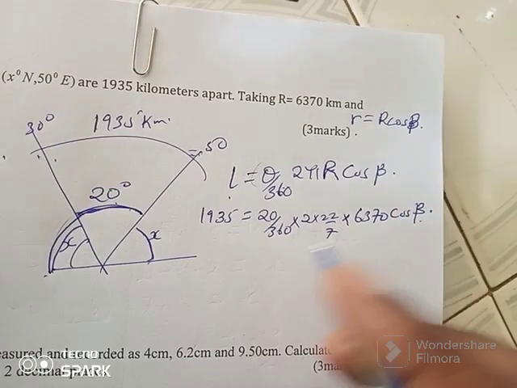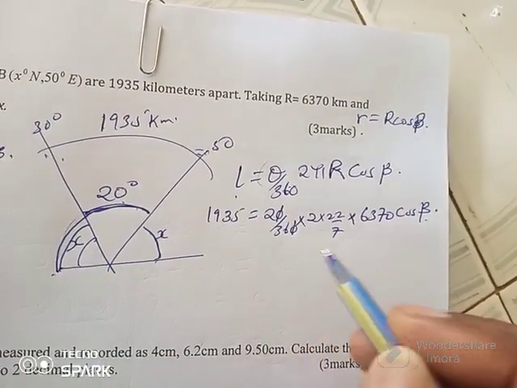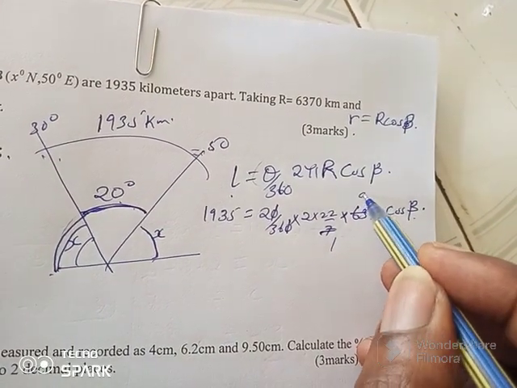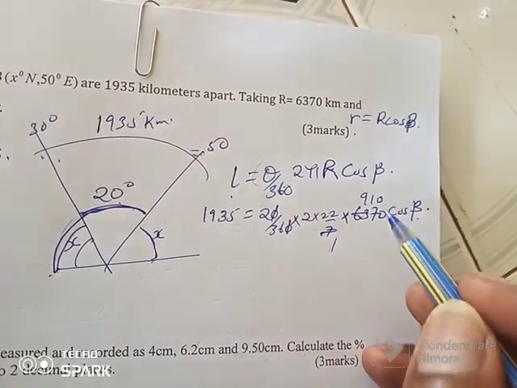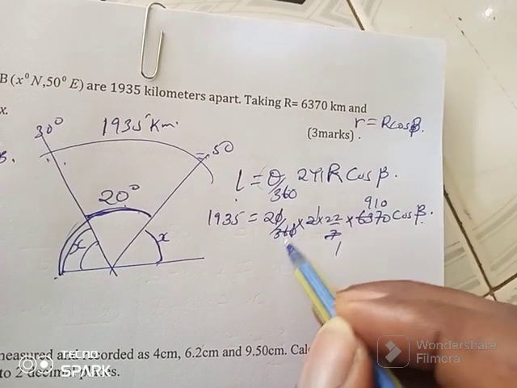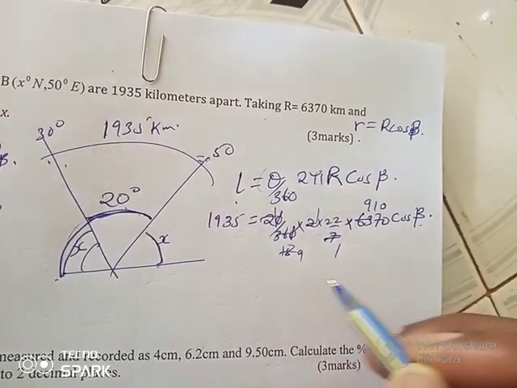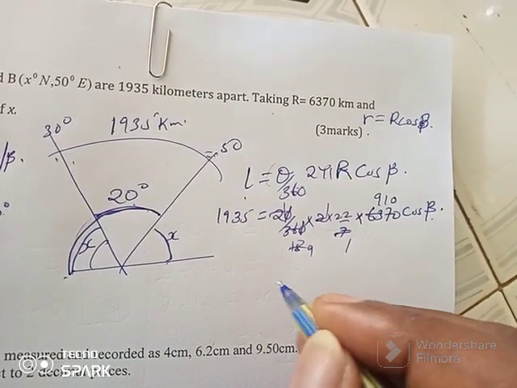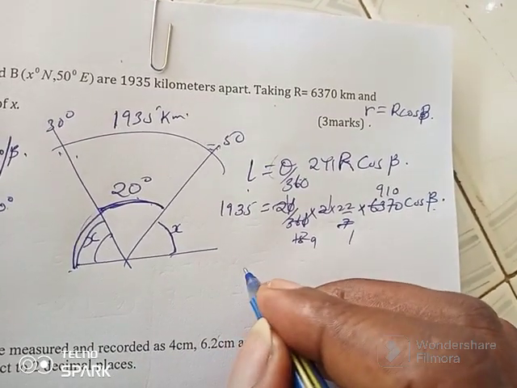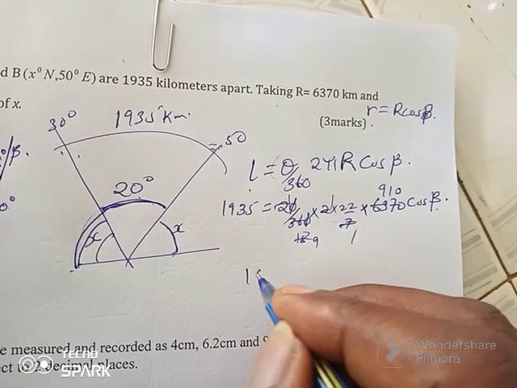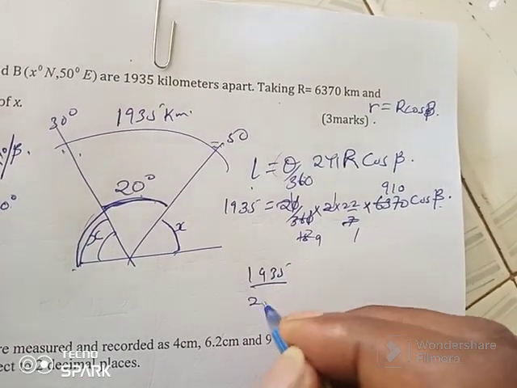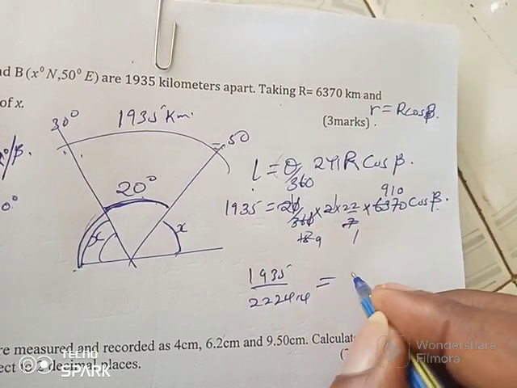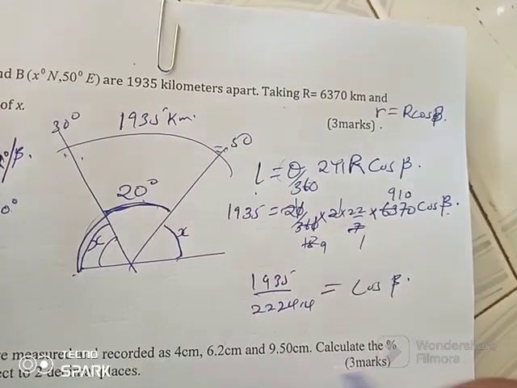So what are we going to do? We are going to work out this side with your calculator. Simplify where possible. Of course, 7 goes there, 9, 1, 0. 2 goes here, 18. 2 goes here, 9. As you divide, we shall be able to get 1935 all over 22 times 24.4 as equivalent to cos beta.